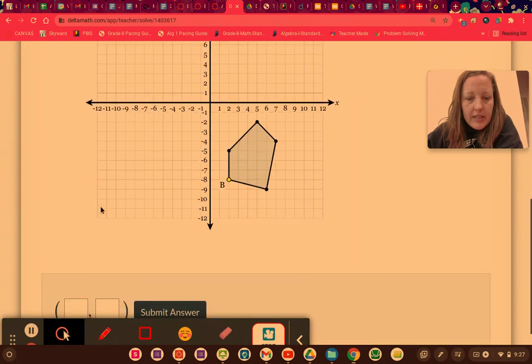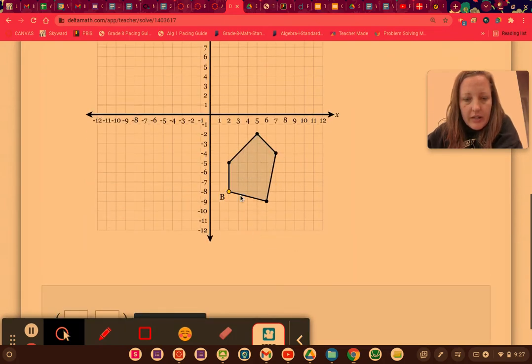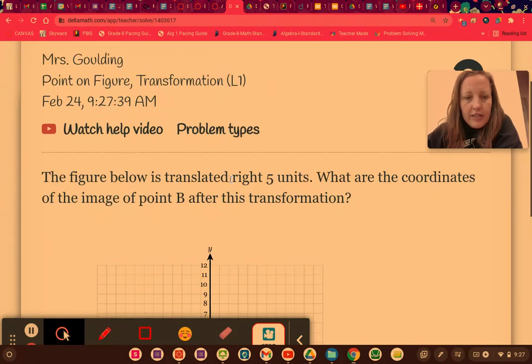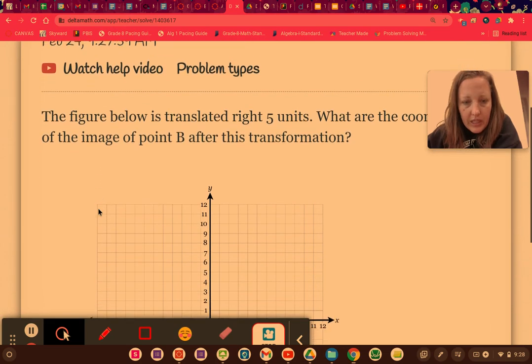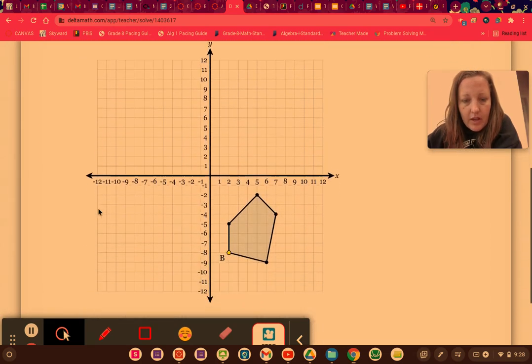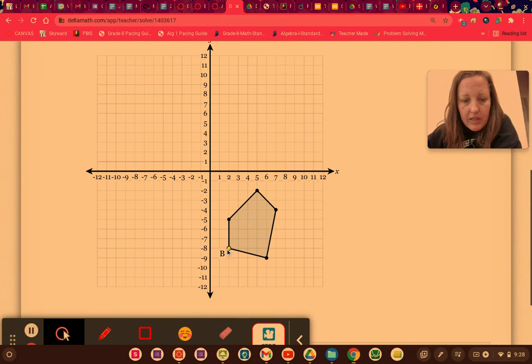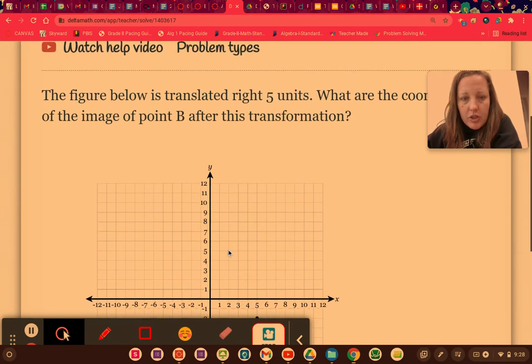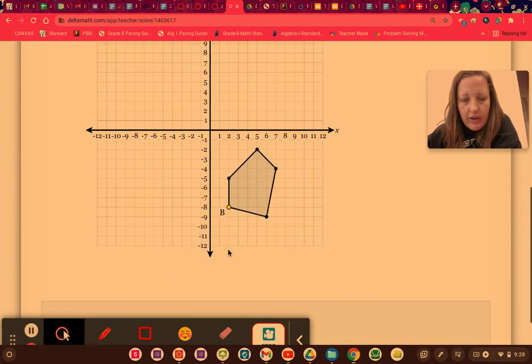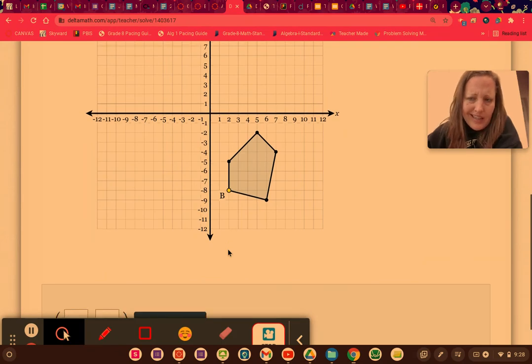So here it says this figure right here is translated 5 units. What are the coordinates of the image of point B? Oh, not bad. It's giving me this point, and it says I'm going to translate it to the right 5 units. This is kind of cakey.